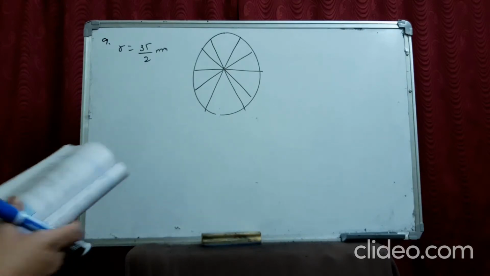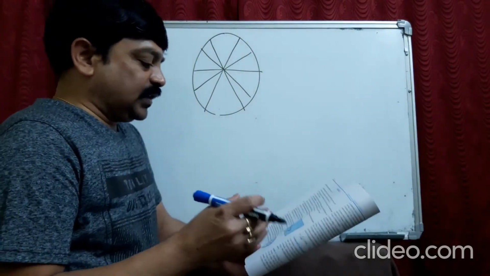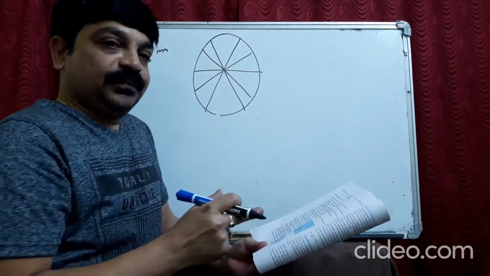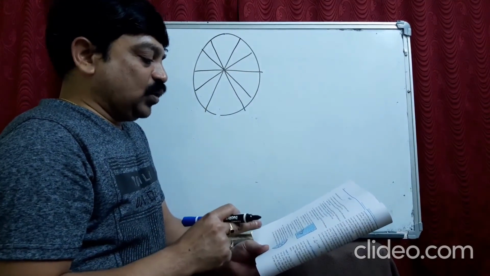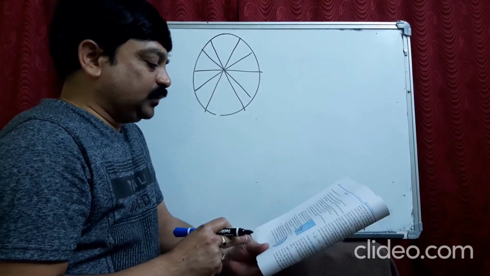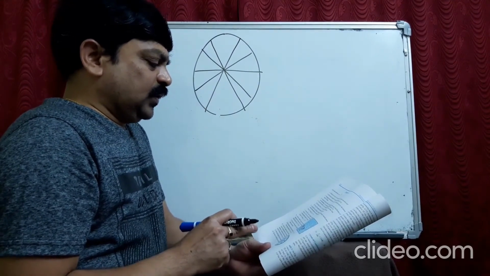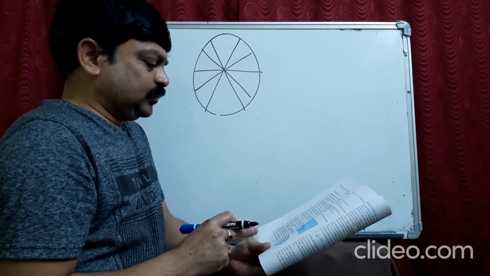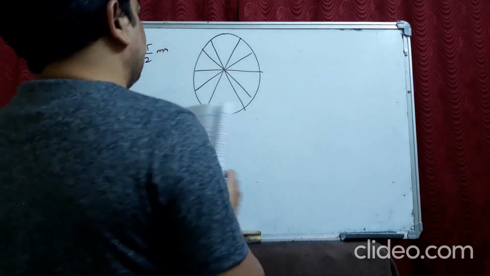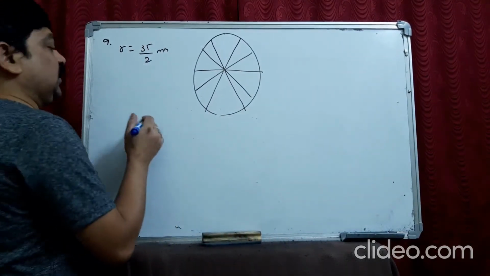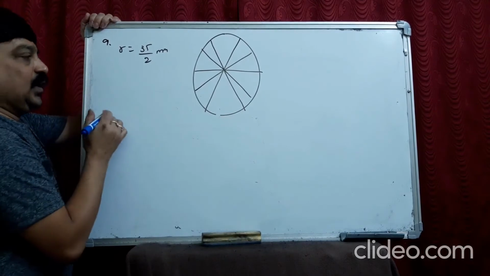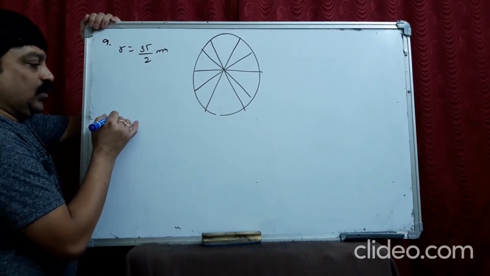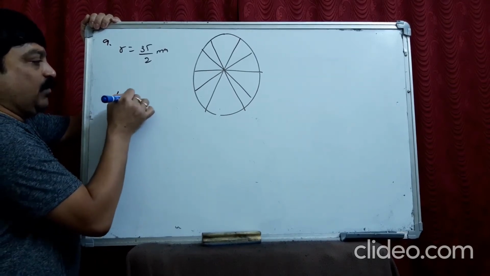See what is happening here. A brooch, that means you have certain silver wire. First you have to make a circle. So first of all, with this radius, the length of the silver wire required. To find that we have to find the perimeter, the length of wire.